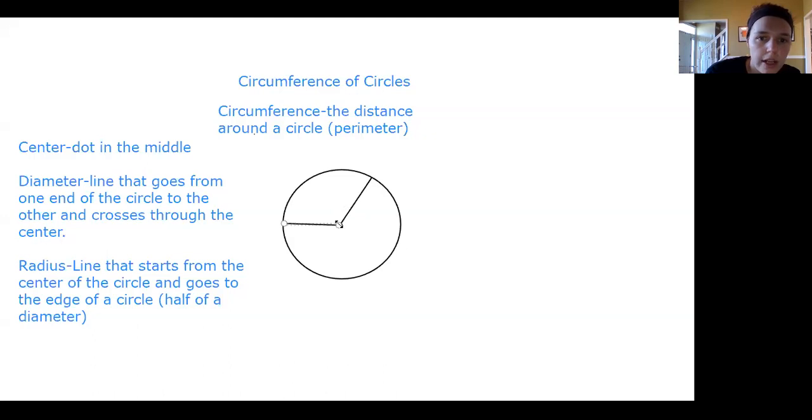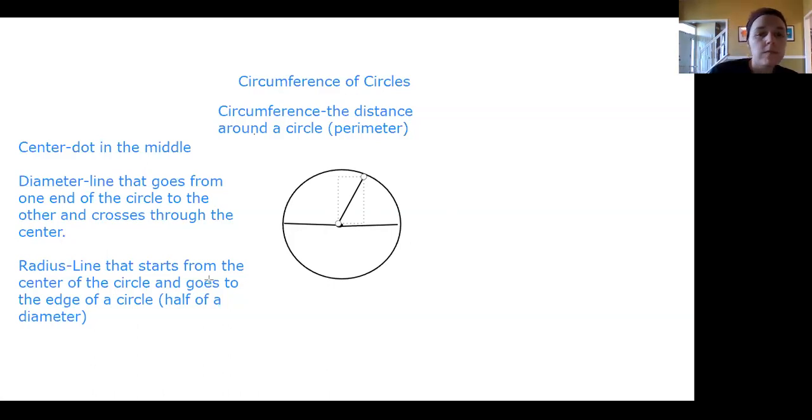Or if you have two radii that go straight across, that's a diameter. So those are parts of your circle: you have the center, the diameter, and a radius. More than one radius is called radii, R-A-D-I-I.